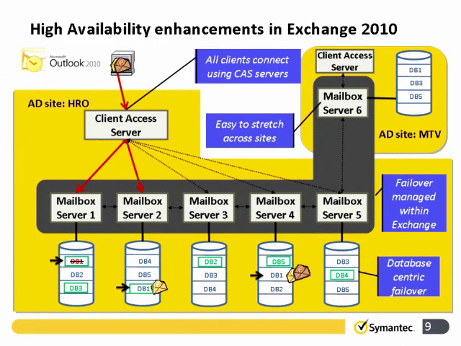Exchange 2010 changed the structure of how Exchange works. In Exchange 2010, you no longer have storage groups. You have what are known as database availability groups. If I only have one Exchange server, my databases will all exist on that server. If I have more than one Exchange server, I can replicate the database from one server to another.